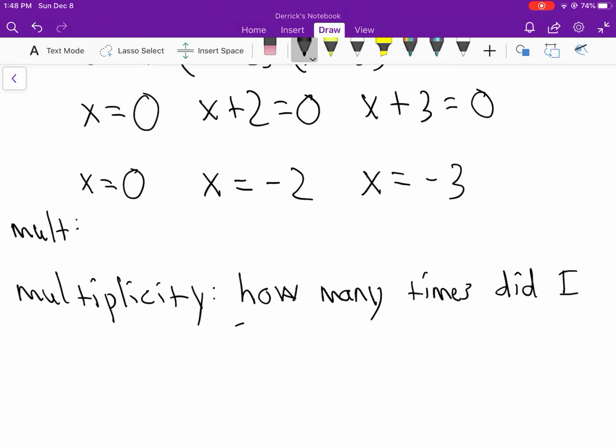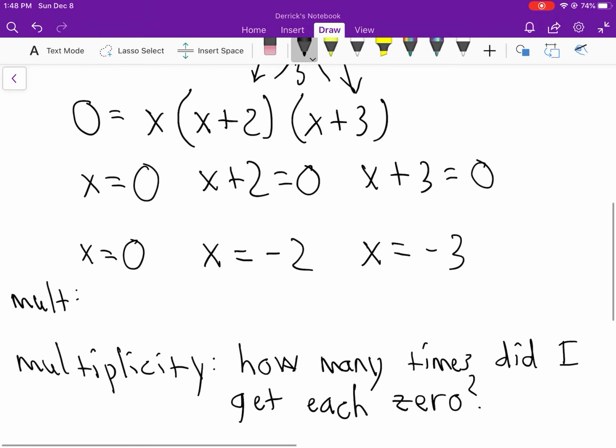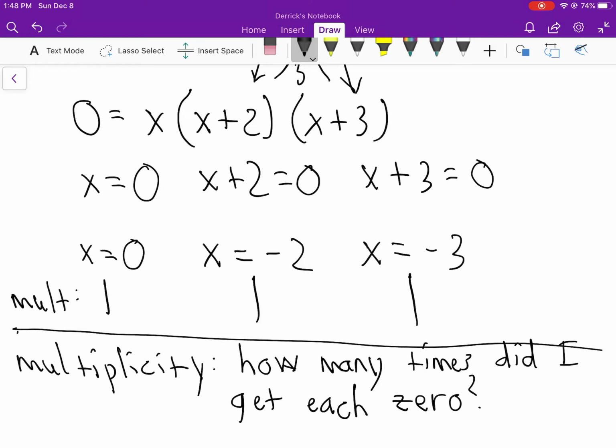Or, to be more specific, how many times did I get each 0? That's what you're answering for multiplicity. It's not a hard question for this one. I got x equals 0 once, I got x equals negative 2 once, and I got x equals negative 3 once. So all of their multiplicities are 1. Really, it is as straightforward as that.